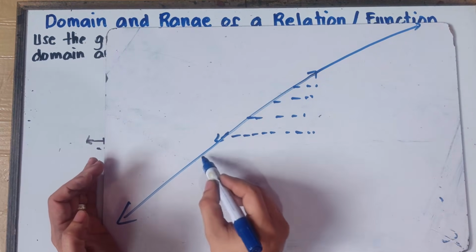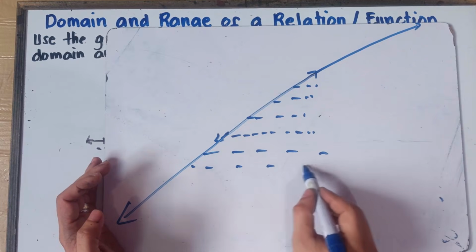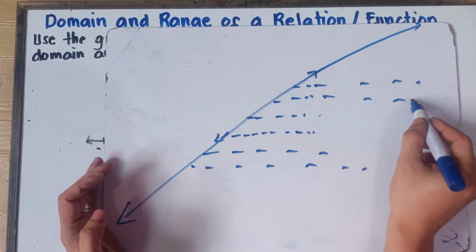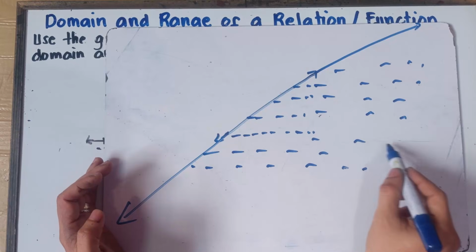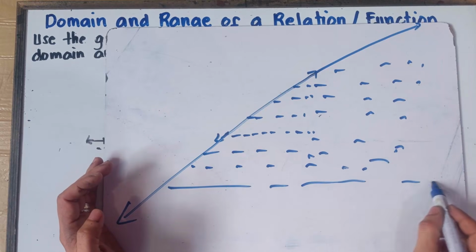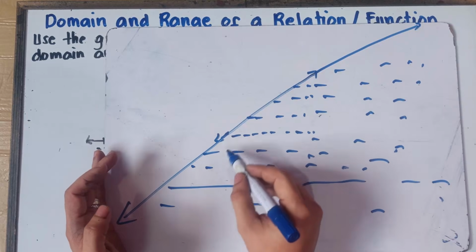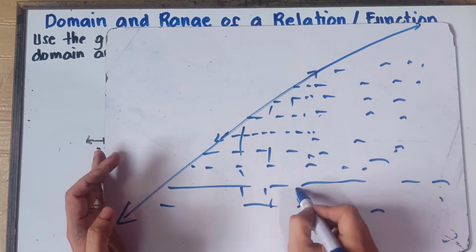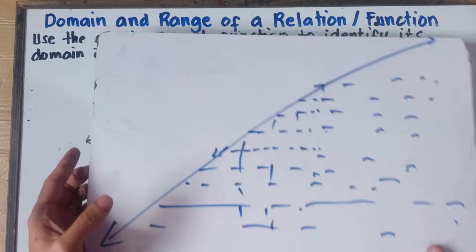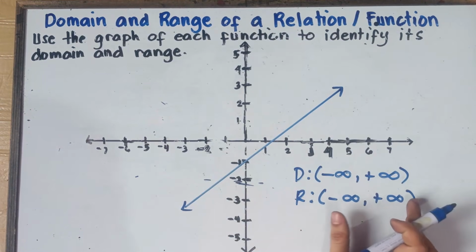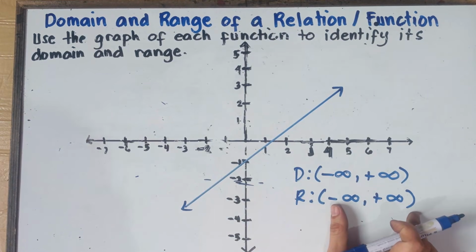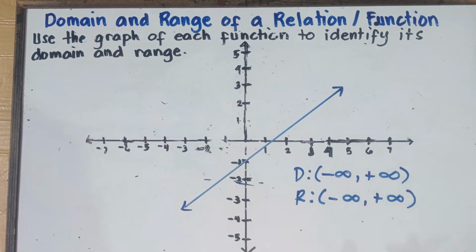As you can see, class, the horizontal distance goes bigger and bigger. All of the numbers, class, will be included. Same with y, class. It goes bigger and then bigger. That's why, class, your answer would be from negative infinity, comma, up to positive infinity. Alright, very easy, right?